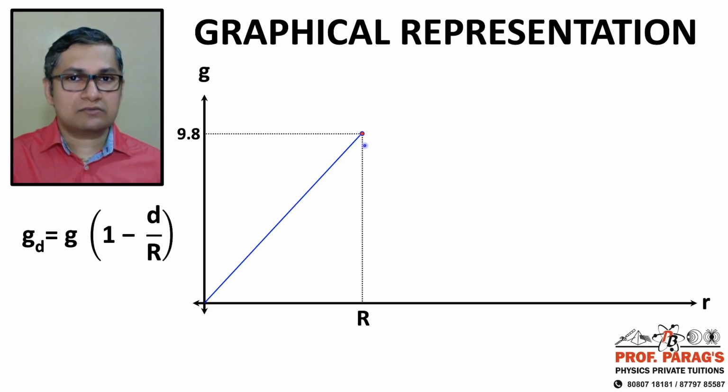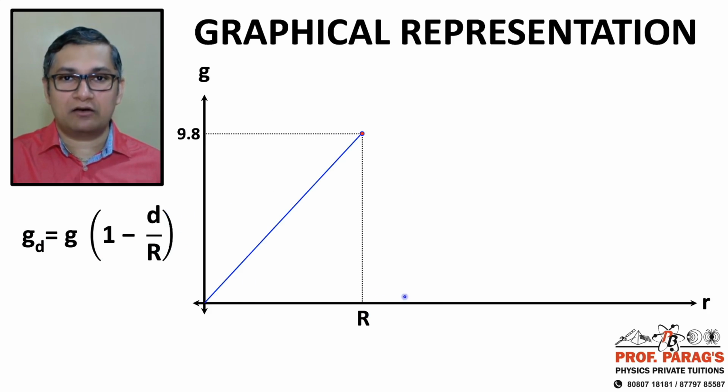Now this is some basic maths that you need to understand. You may or may not have covered it right now when you are studying this chapter, but definitely at some point of time in maths you will study it. Whenever you have an equation like this where the y-axis value, so this gd is what I'm trying to plot here, these are all the values of gd, is directly proportional to the x-axis value, the degree is 1. What do you mean by degree?